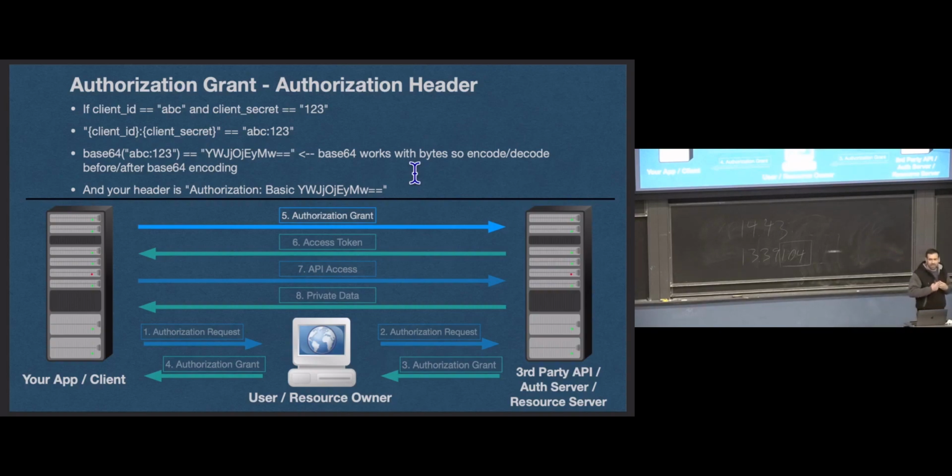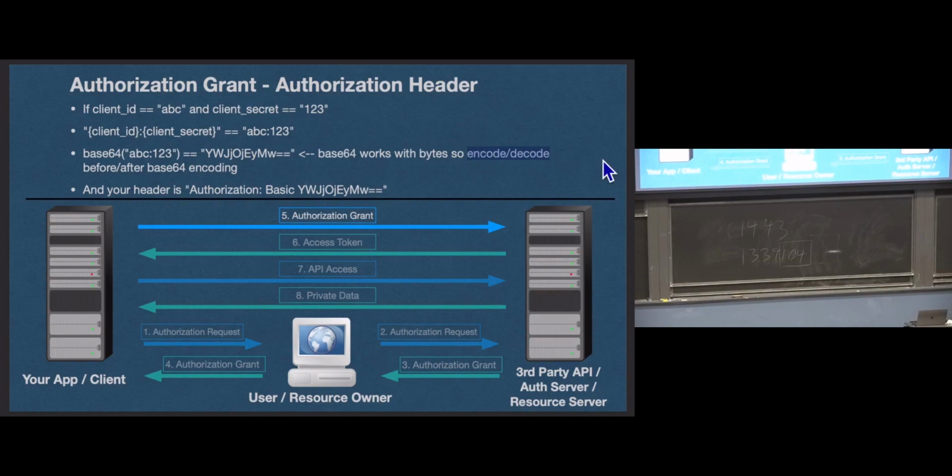But if it were arbitrary bytes, those arbitrary bytes are not necessarily going to be proper UTF encoding stuff. So base64 is what we're using to make sure we can put random bytes as a string, encoding random bytes as a string. And when you're using base64, it does work in bytes, so make sure you're encoding and decoding whenever appropriate.